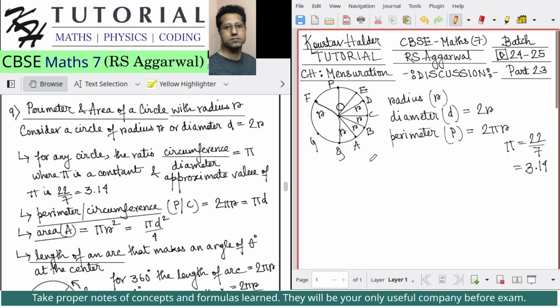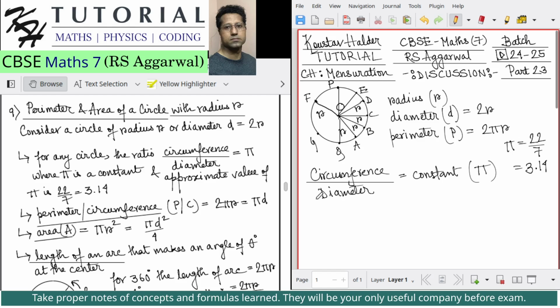Now it has been observed that if you draw circles of various radii, of any size, then the ratio of the circumference and the diameter has been found to be a constant, and this constant is nothing but pi.